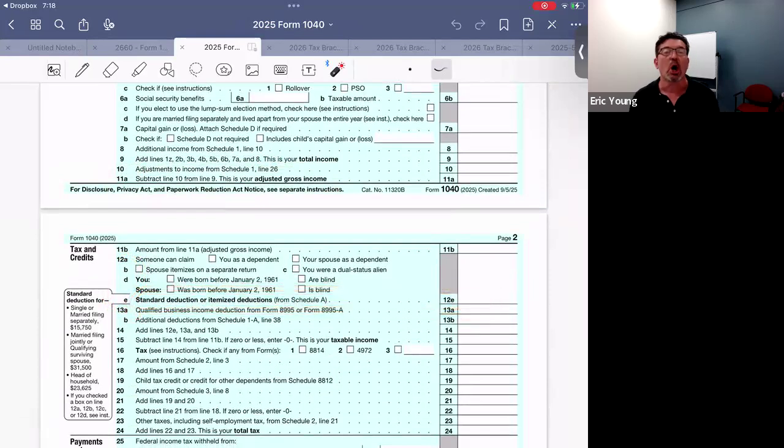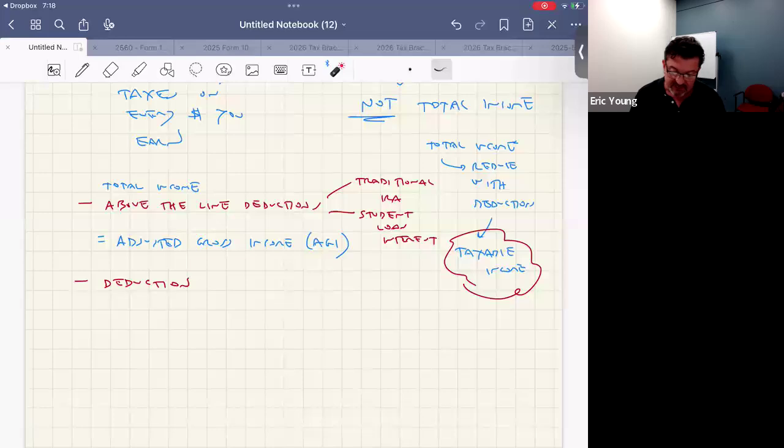All Americans, all taxpayers are allowed a deduction. So even if you don't have an IRA or you don't have student loan interest, even if you have no above the line deductions, all Americans are eligible for this below the line deduction, which we saw just now.